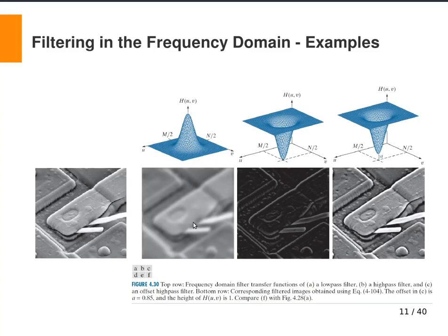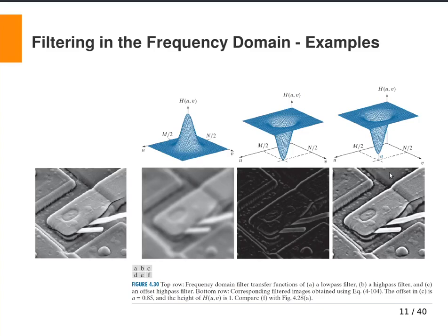What if we work with a high-pass Gaussian filter? So the transfer function looks something like this. In that case, we basically eliminate all the low frequency components, which in the spatial domain are regions of constant intensity, and what we end up with is basically all the edge information.